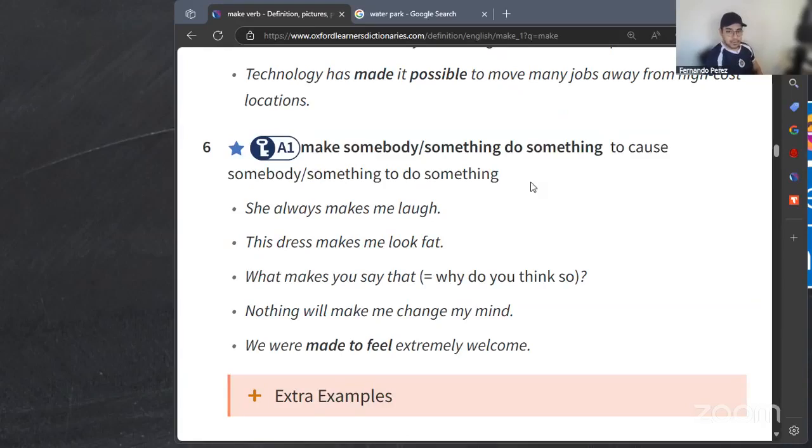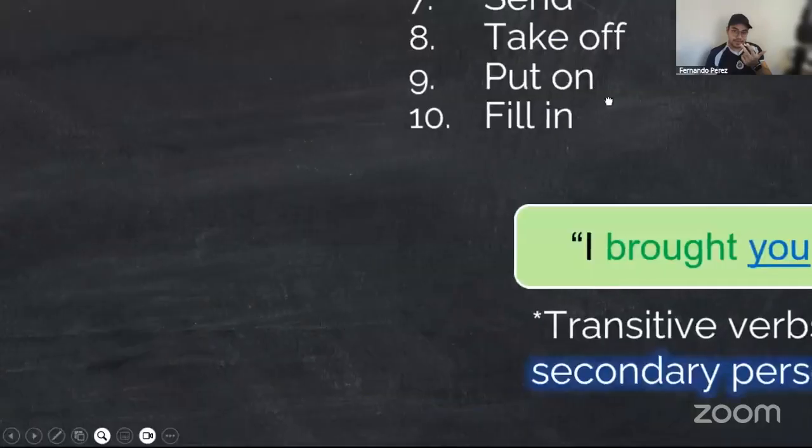For example, if you want to say "me hizo enojar," how do you say that in English? Can you repeat? Makes me happy. Yes, that's another example. Makes me happy. Well, make in this case, makes me happy, is a transitive verb.